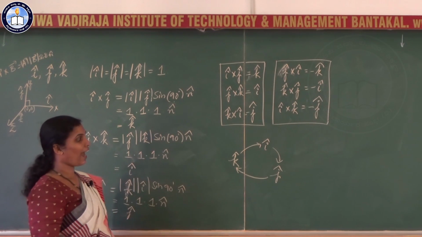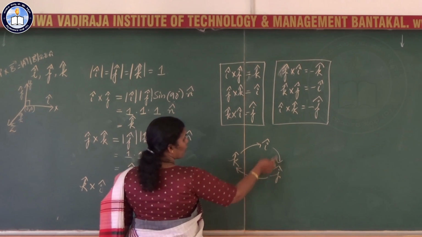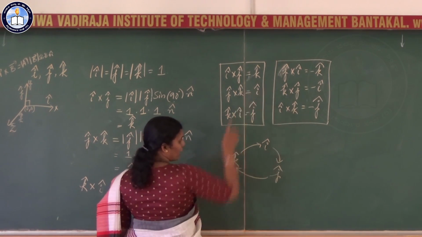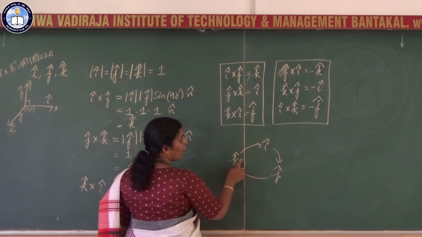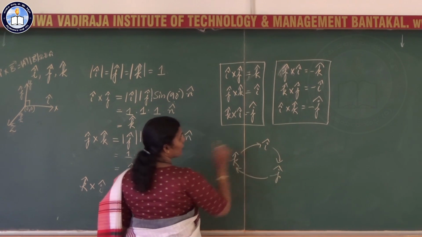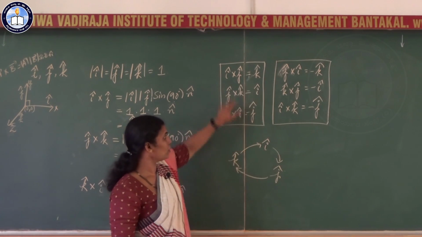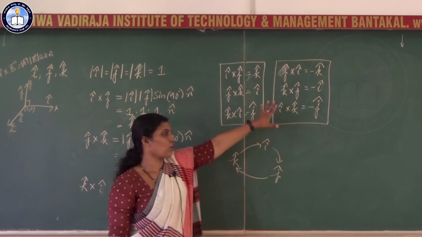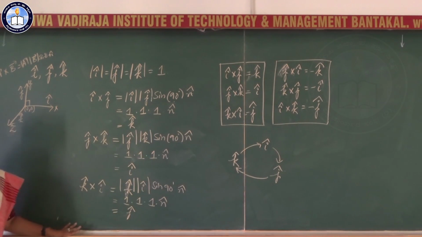If it moves in the anti-clockwise direction, j cross i equal to minus k, i cross k equal to minus j, k cross j equal to minus i. So if it moves clockwise, plus; anti-clockwise, minus. If you remember this much, you can solve many of the problems.